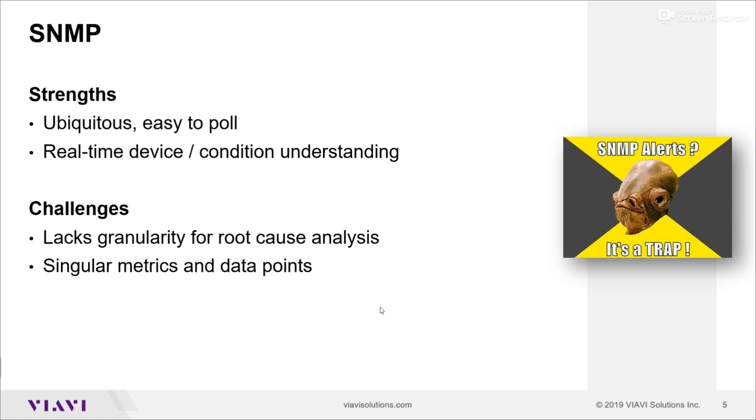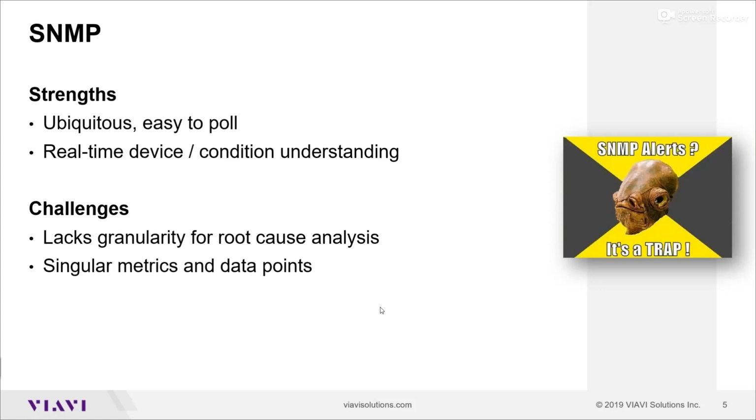With SNMP, it's really easy to collect, easy to pull. There are a multitude of vendors offering solutions out there to give you that first glance. And in terms of, as Charles was saying, availability, is it up, is it down? That's really the strength of SNMP, understanding how a device is operating on my network.